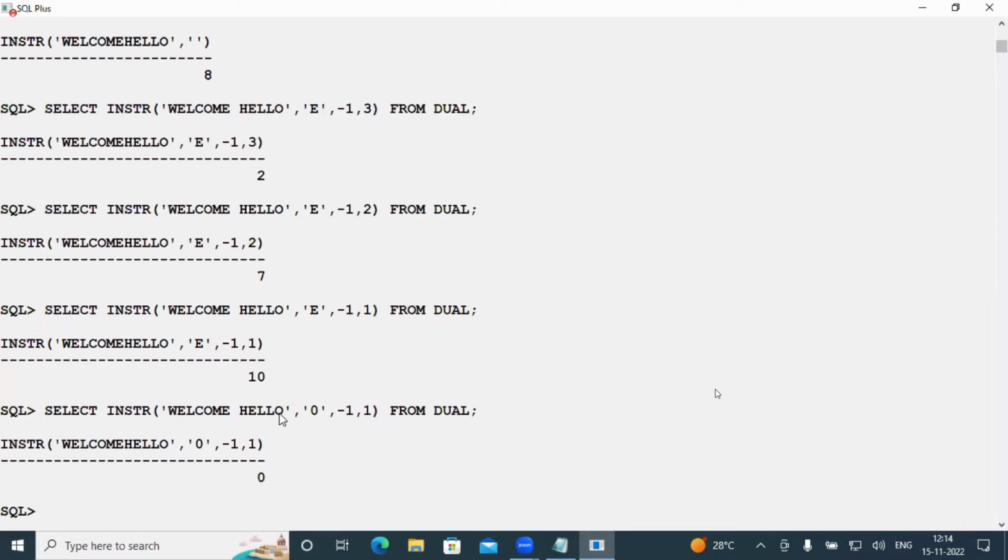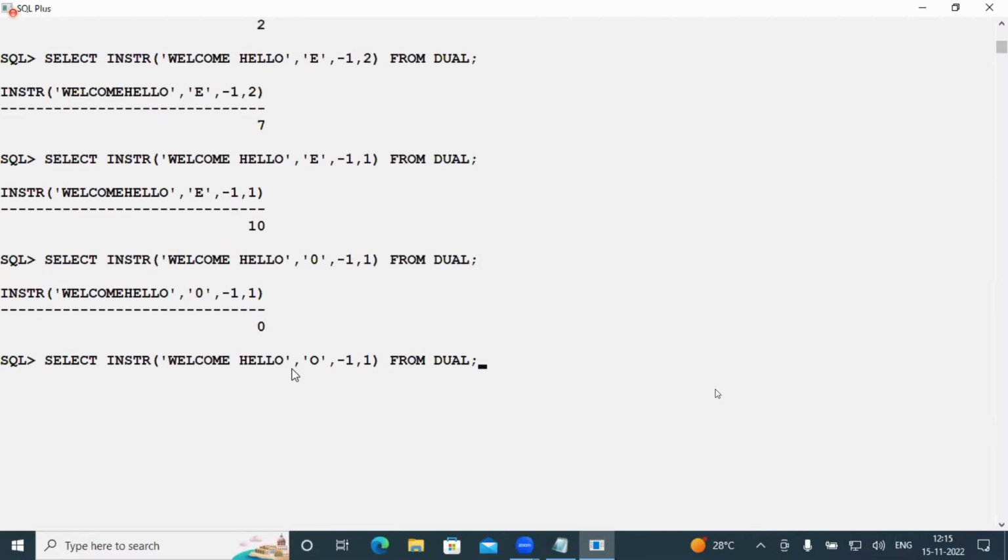Okay, sorry. 0 I was given, that's why it is not given. -1, my first occurrence of O, how much here? -1 means here. From there, which occurrence am I asking? First occurrence.